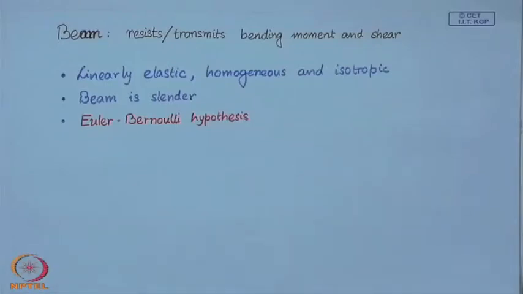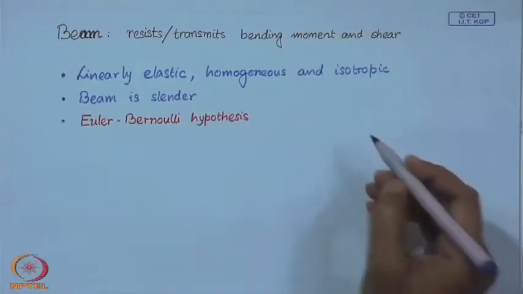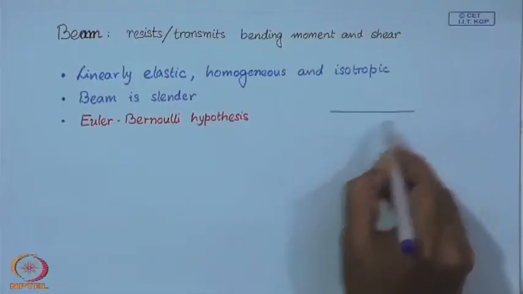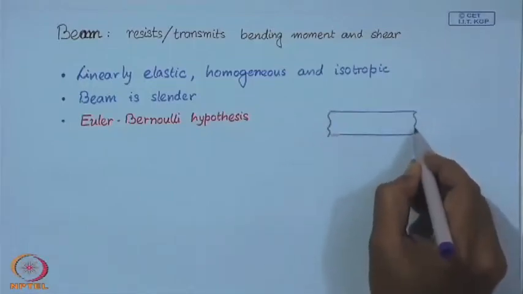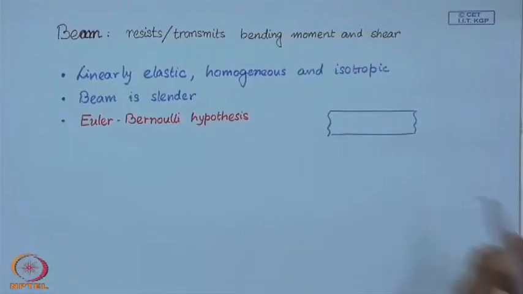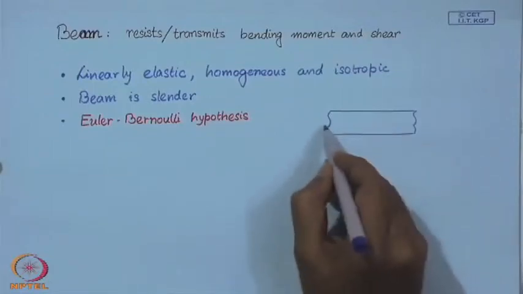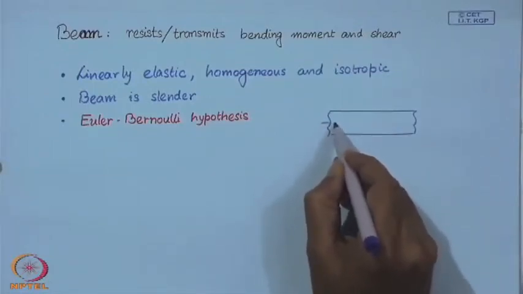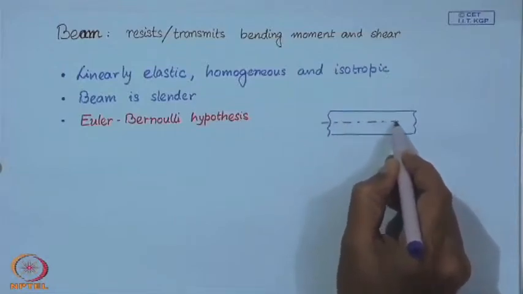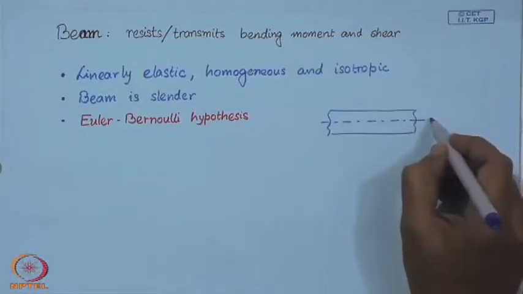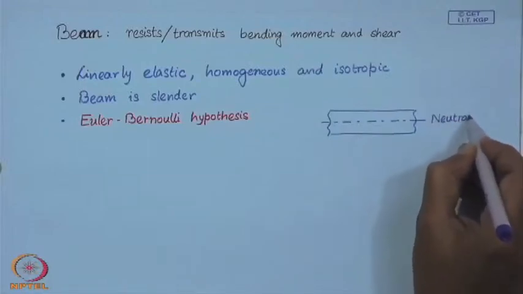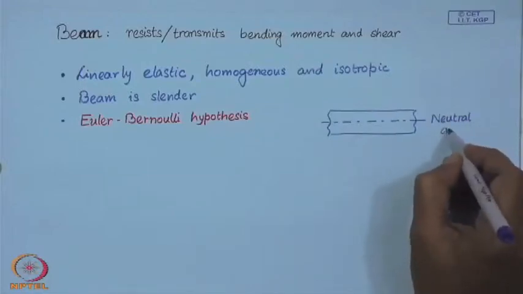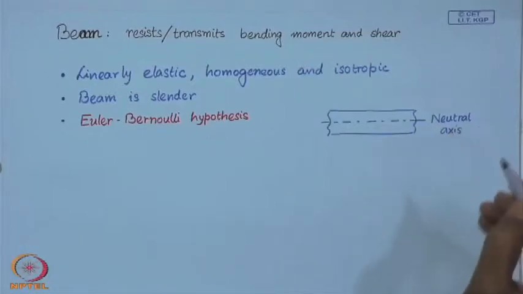So, what this tells us is that suppose I have a beam. So, this is a section of a beam, and there is something called a neutral axis, or neutral fiber.